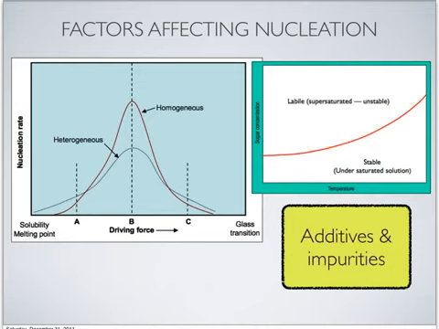The final factor that can affect the nucleation is the additives or the impurities. Ingredients that influence crystallization may be specifically or intentionally added to the formulation, or they can also be present as impurities in other ingredients. Sometimes other ingredients are added to foods to help control crystallization.